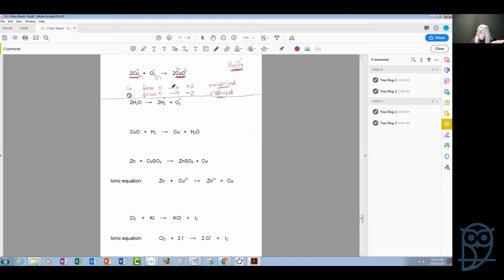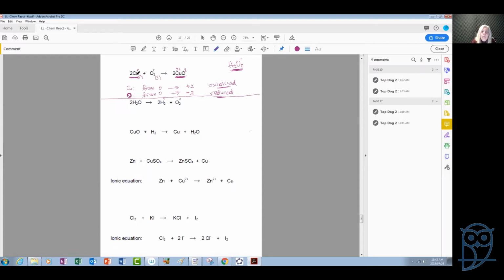We can also talk about the transfer of electrons here. Which one took electrons and which one gave electrons? Because obviously in redox reactions there are some electrons kind of transferred. So copper, for example, from 0, its oxidation state increased to +2, which means its charge became positive from 0, from neutral, which means it gave away electrons.